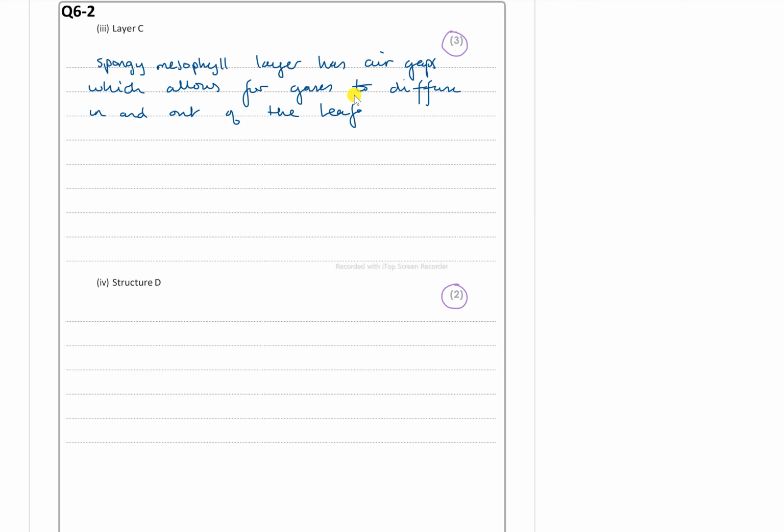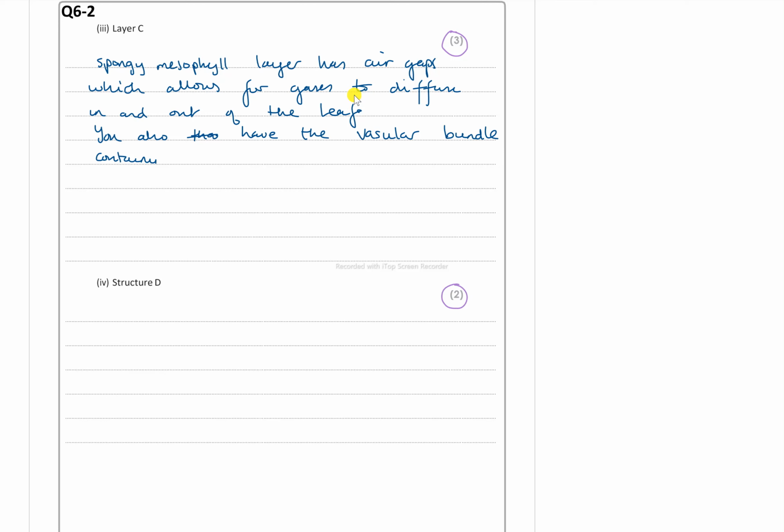You've also got in this layer the vascular bundle. I hope I didn't call it vein. I probably did call it vein, but vascular bundle's better.